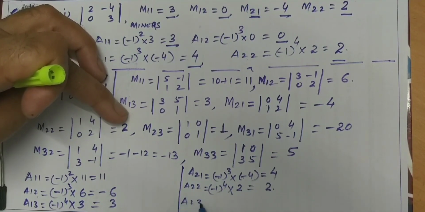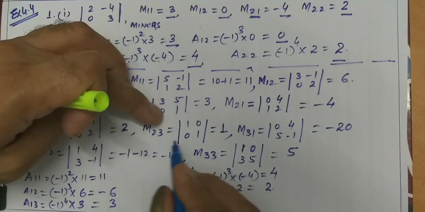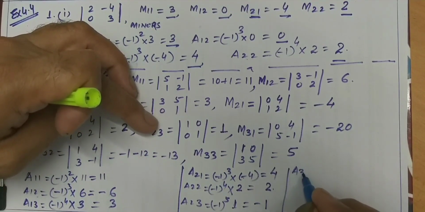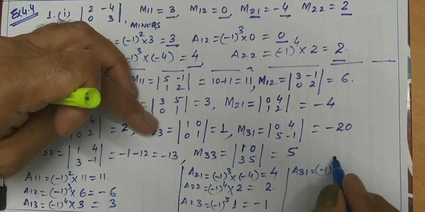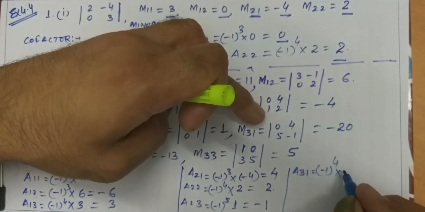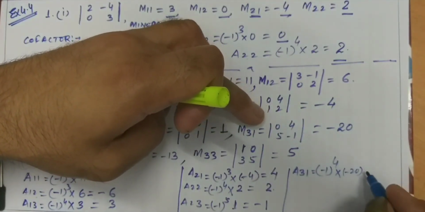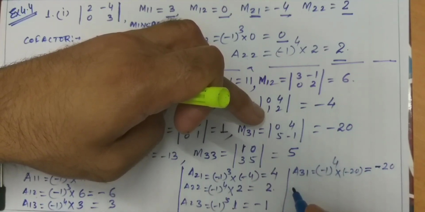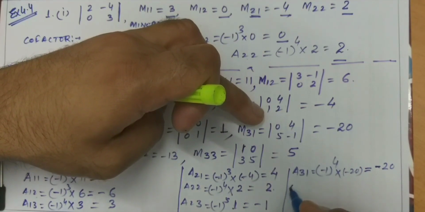And A23 we have minus 1 to the power 5 and A23 is 1, so it is equal to minus 1. Lastly, A31 is equal to minus 1 to the power 4 into this minus 20, which is equal to minus 20.